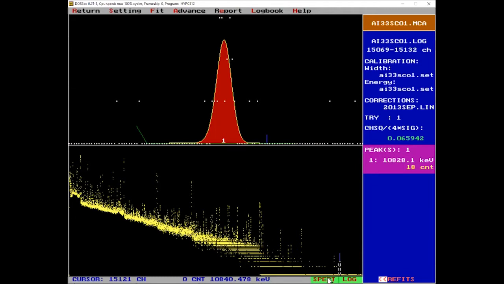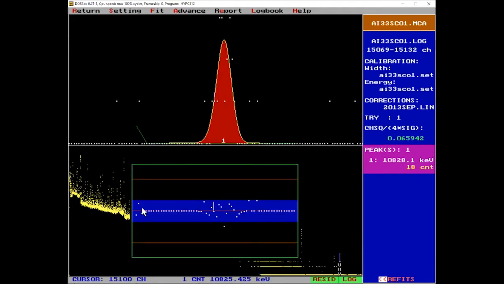Coming to the results, I can enable the so-called residual window. So the residuum is the difference between the measured count in a channel and the fitted value of the model function. This blue region is the plus minus 1 sigma range, while this brownish thing is the plus minus 3 sigma range.